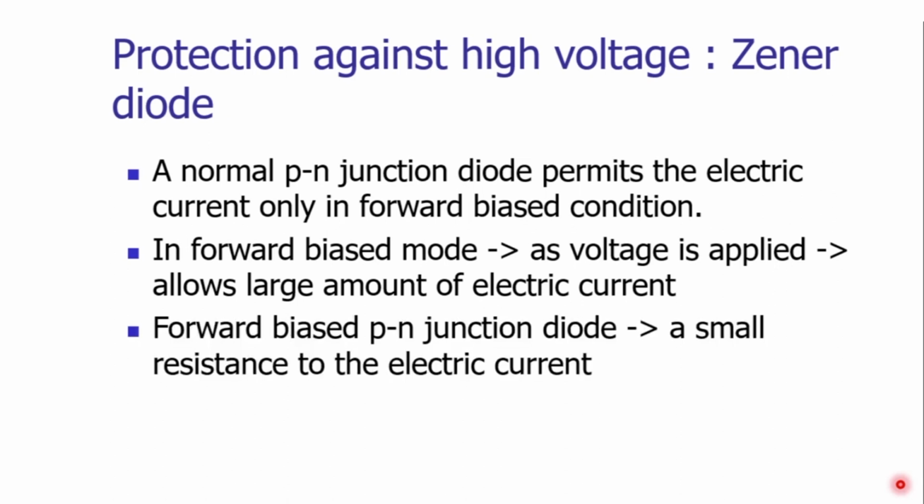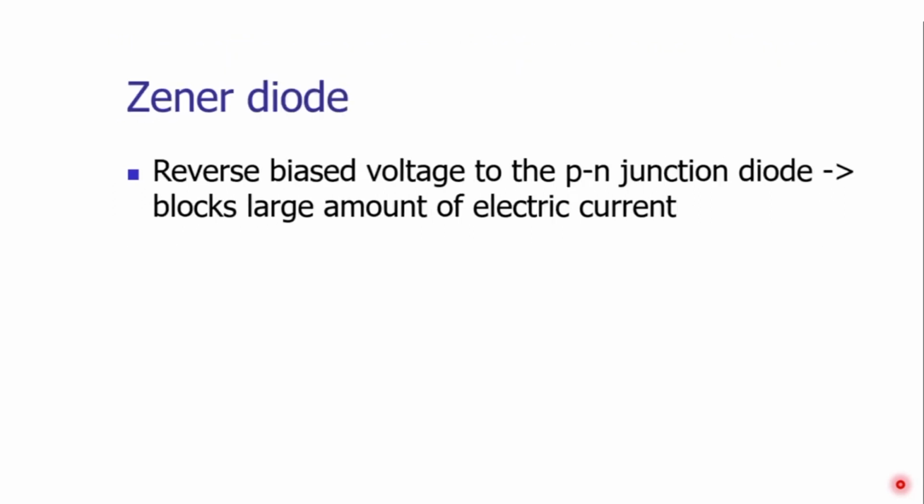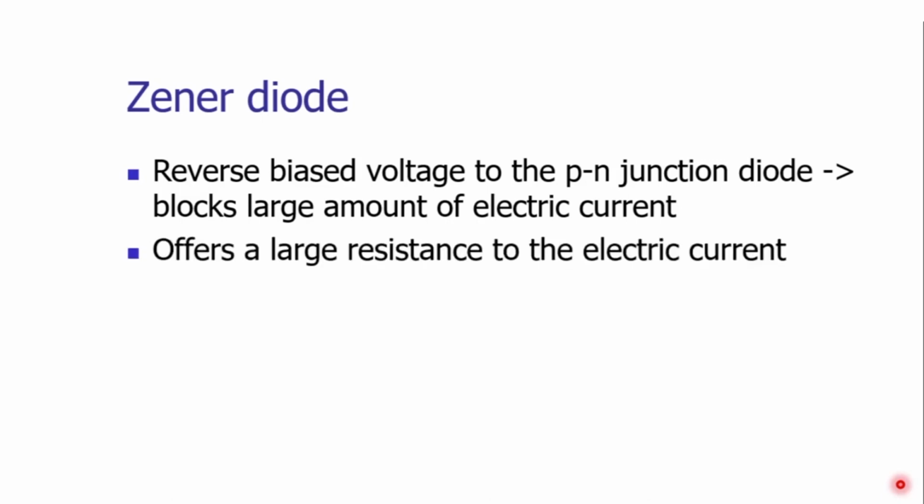Thus we can say that the forward biased PN junction diode has a very small amount of resistance to the flow of electric current. But when we apply a reverse biased voltage to this PN junction diode, it blocks a large amount of electric current from flowing.